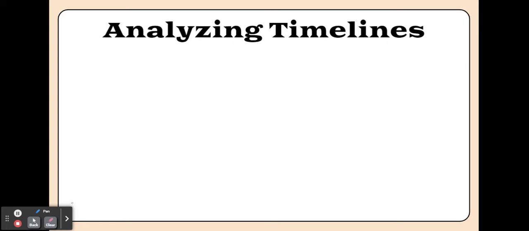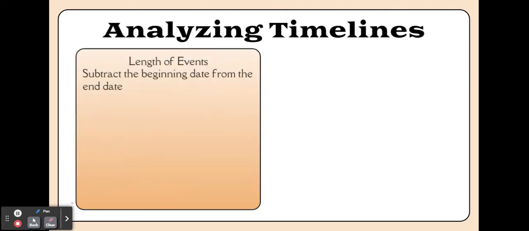Two things that you're going to need a review on are length of events and time between events. Whenever we're calculating the length of an event, you want to subtract the beginning date from the end date.